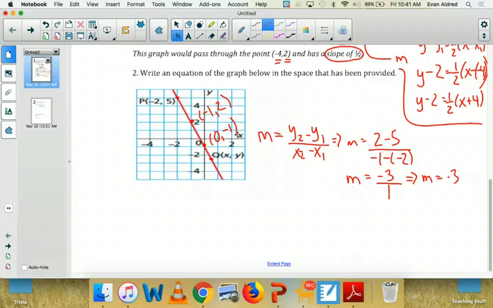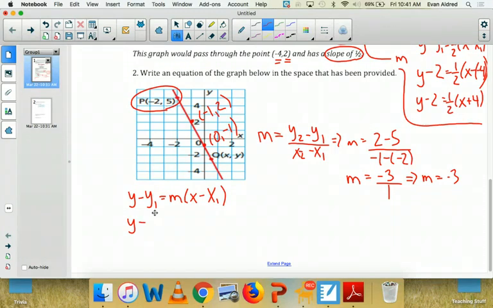So let's go y minus y1 equals m x minus x1. Our y stays. That will always be part of our equation. Minus y1. Well, let's choose this point up here, just for simplicity's sake, that's the one that was listed, so let's use it.